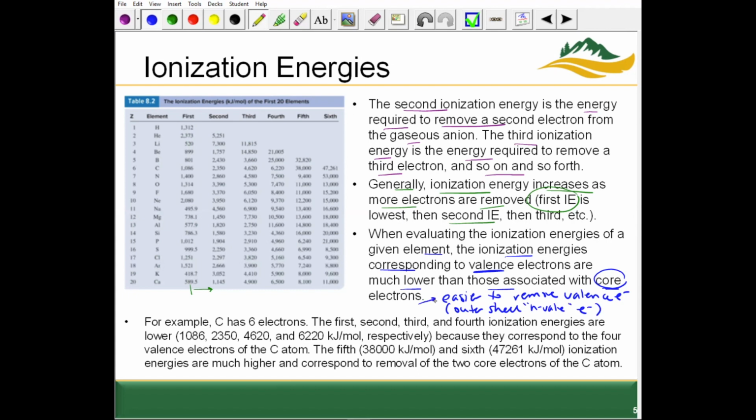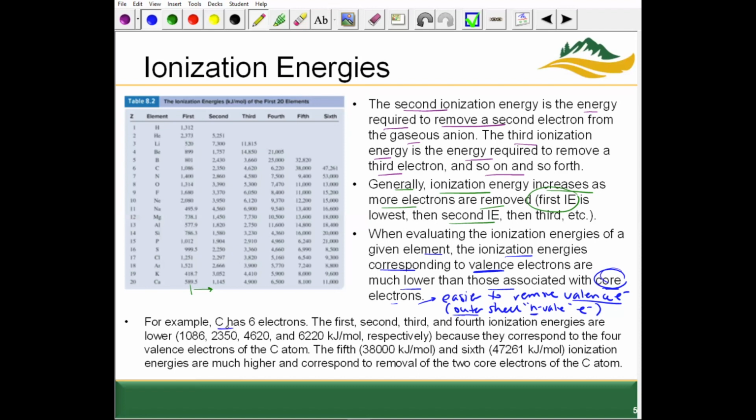In other words, it's easier to remove valence electrons, where valence electrons are those outer shell electrons with that highest value for n. It's much more difficult to remove inner shell electrons than valence shell electrons. So the ionization energies corresponding to valence electrons will be much lower than those of core or inner shell electrons.